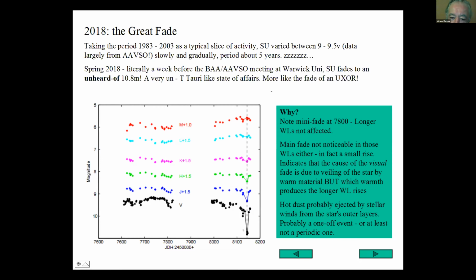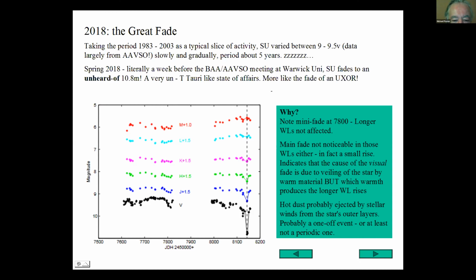If you look at old records, they give its range in light as 9 to 9.5. So where on earth is this coming from? In fact, I changed the subject of my talk, which was originally going to be about another one of my favorite stars called V1117 Hercules, to SU Origi instead.